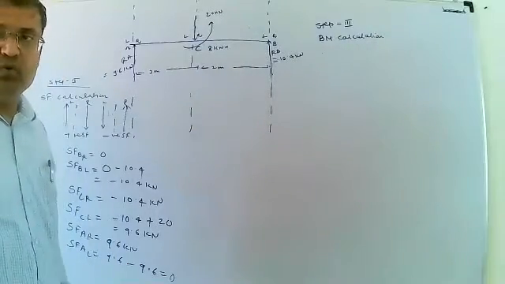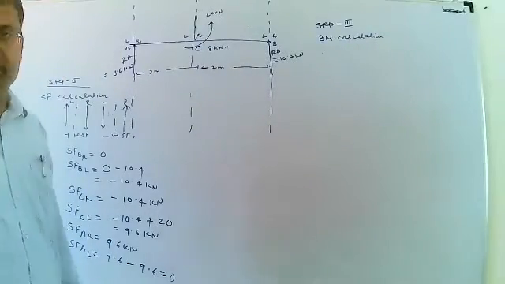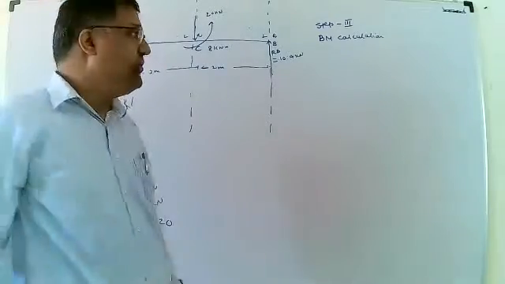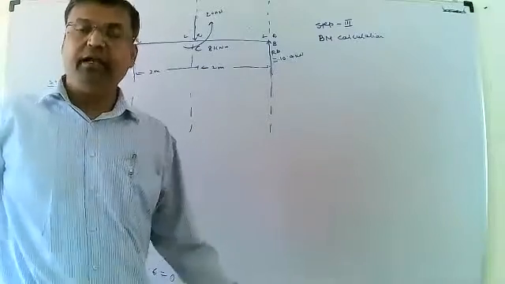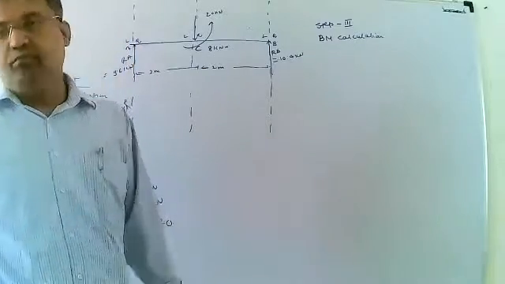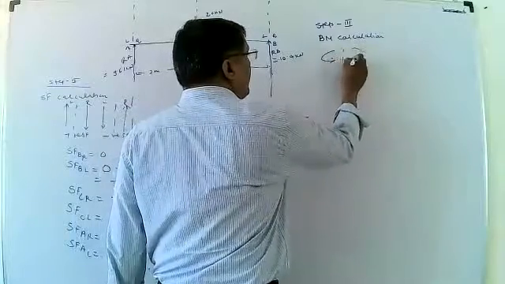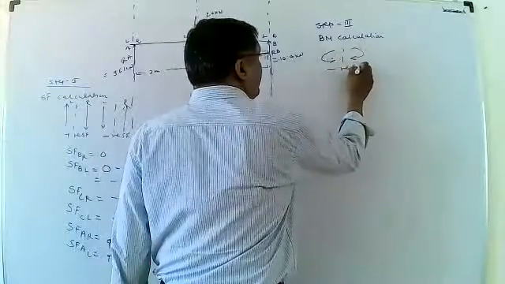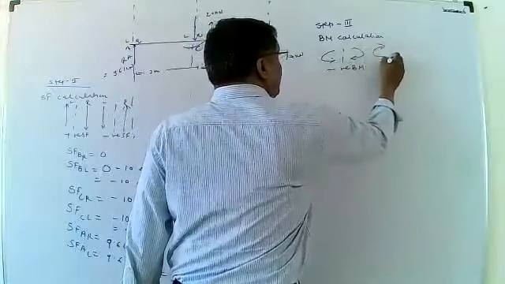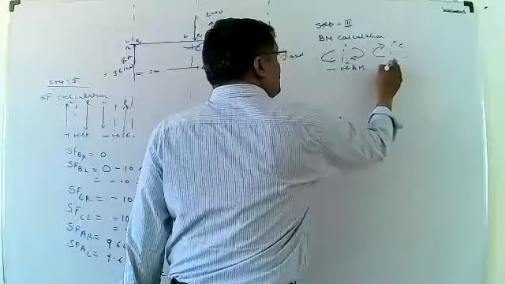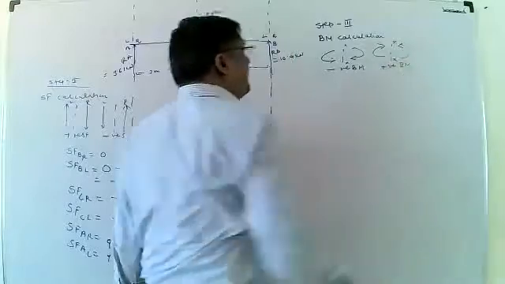Again, applying two sign conventions, hogging bending moment and sagging bending moment. Hogging means negative bending moment and sagging means positive bending moment. That is hogging bending moment, negative bending moment. That is positive bending moment.